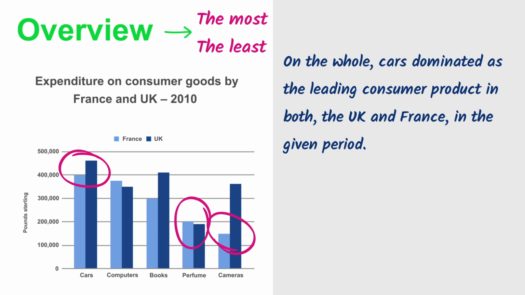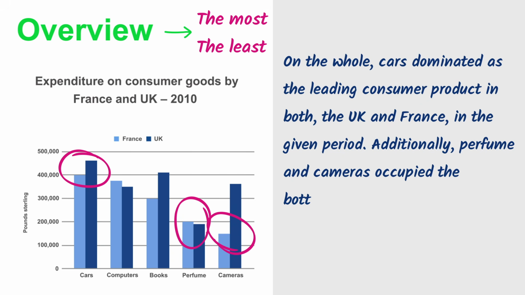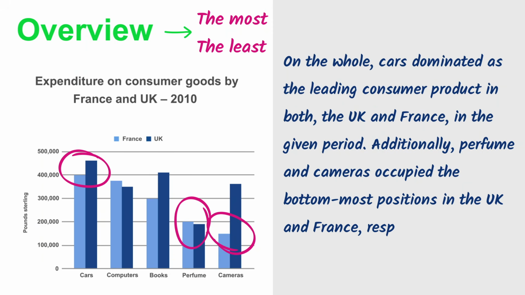All right? And after this, we should write about the least. Additionally, perfume and cameras occupied the bottommost positions. It's a good word here. Bottommost positions in the UK and France, respectively. Again, this word is good here, respectively.